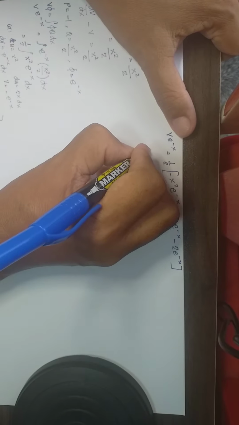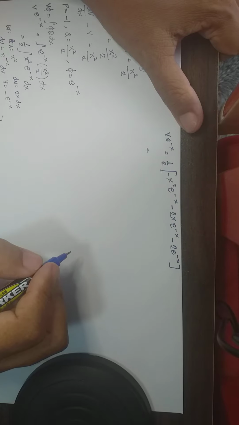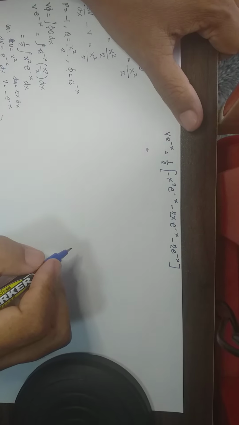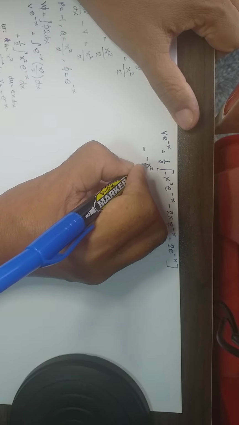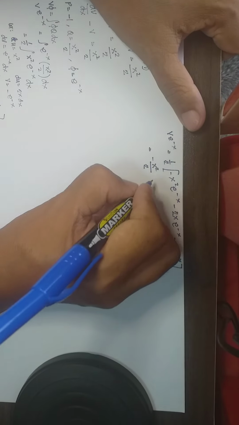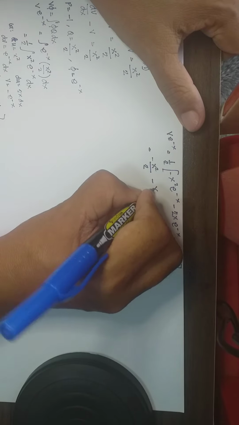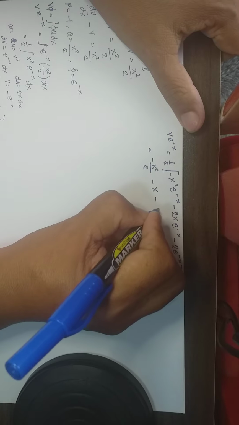Or we have, dividing everything by e to the negative x, we have negative x squared over 2 minus x minus 1.